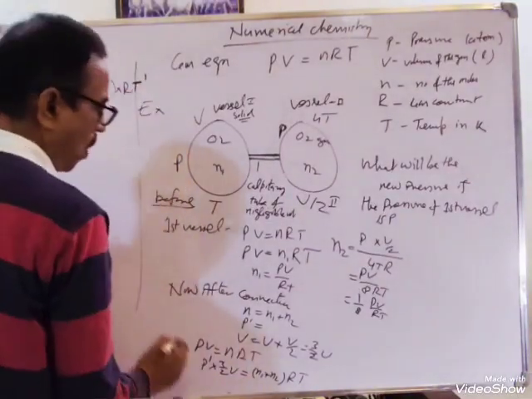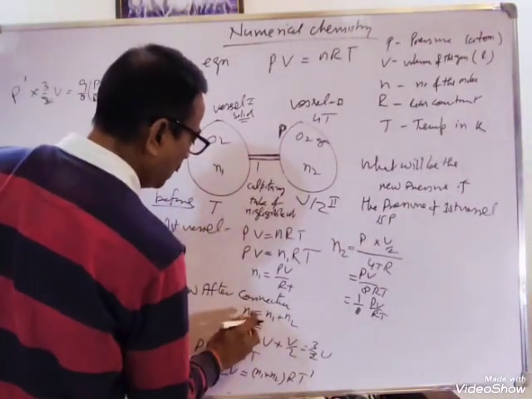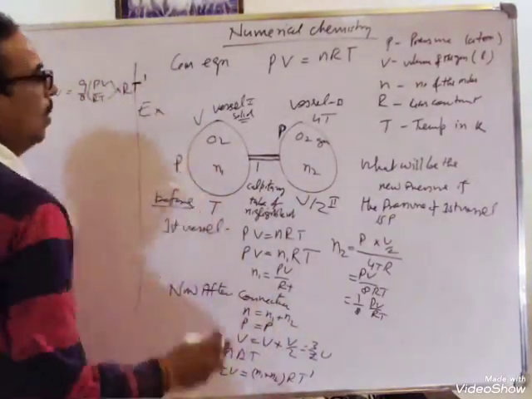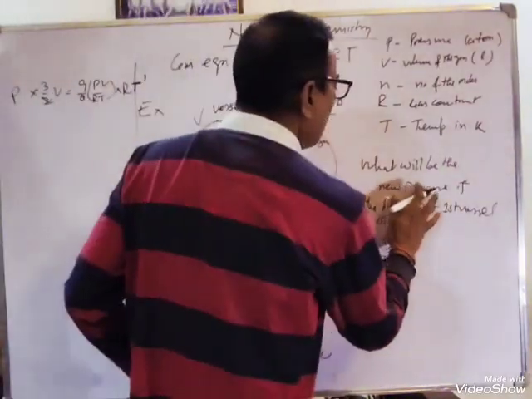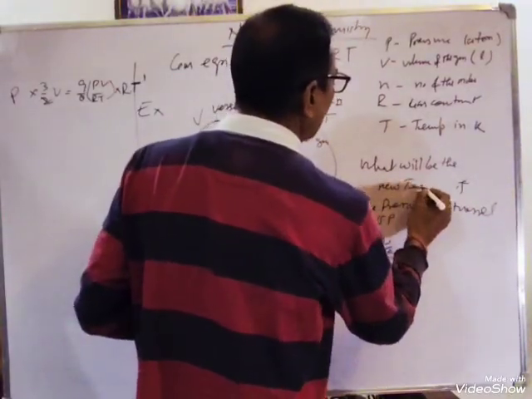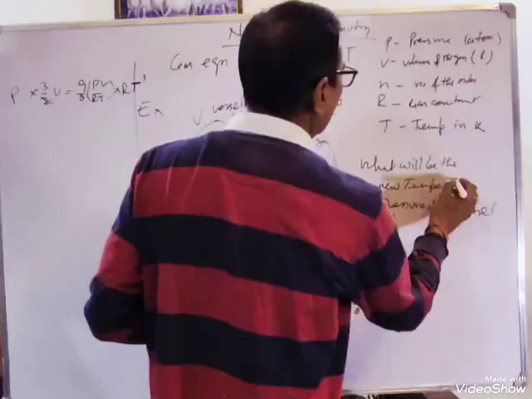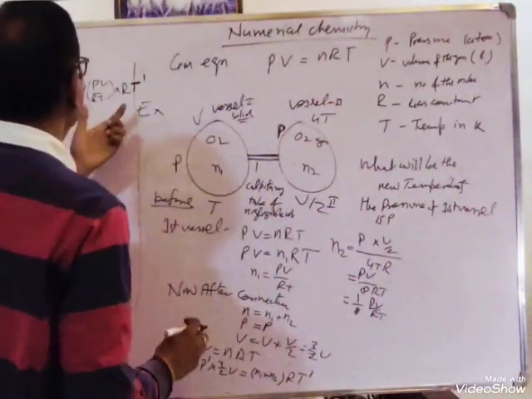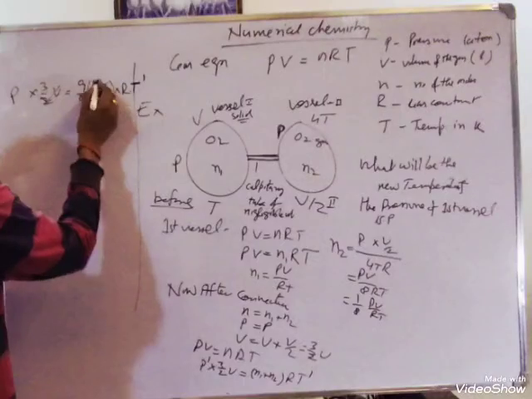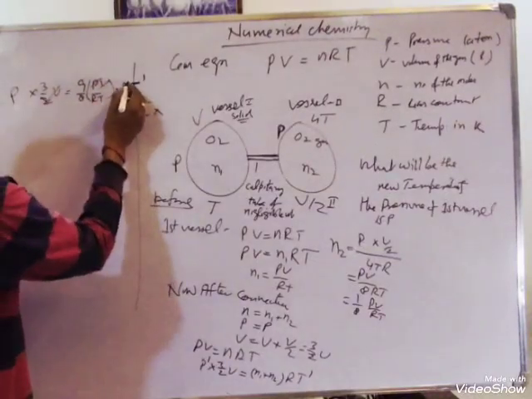Suppose the common temperature is T dash and the pressure will remain the same. So this is P, and what will be the new temperature, because the pressure is the same? So the new temperature you have to calculate. If we simplify it, PV cuts.